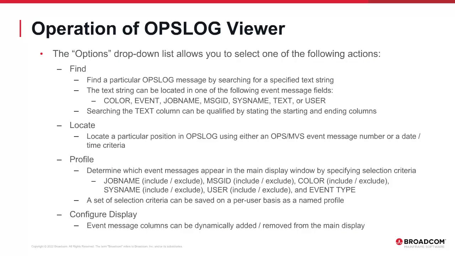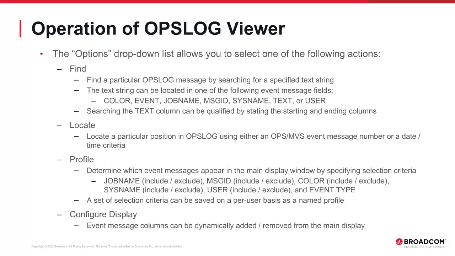The options drop-down list allows you to perform one of the following actions. The Find option allows you to find one or more OPSLOG event messages by searching for a specified text string. The text string can be located in one of the following event fields: color, event, job name, message ID, sysname, text, or user.